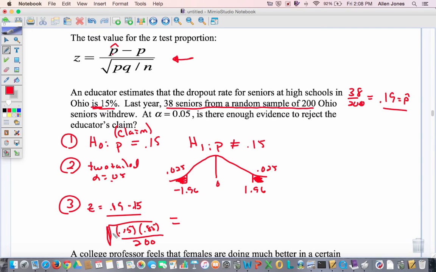Noting that entire set of information is underneath the same radical, that gets me a test score of 1.58. If we bring 1.58 as a positive number up here, it's going to lie in our unshaded area, which tells me in step number 4 to not reject the null.